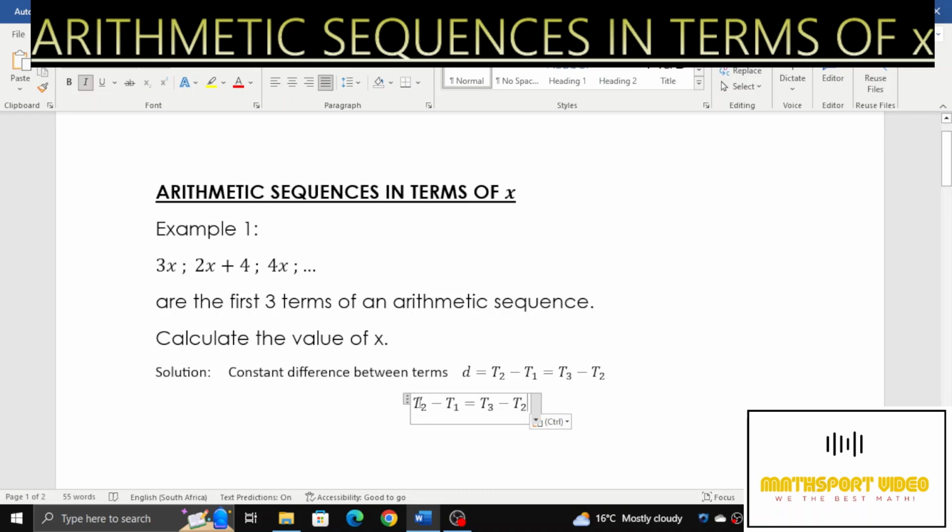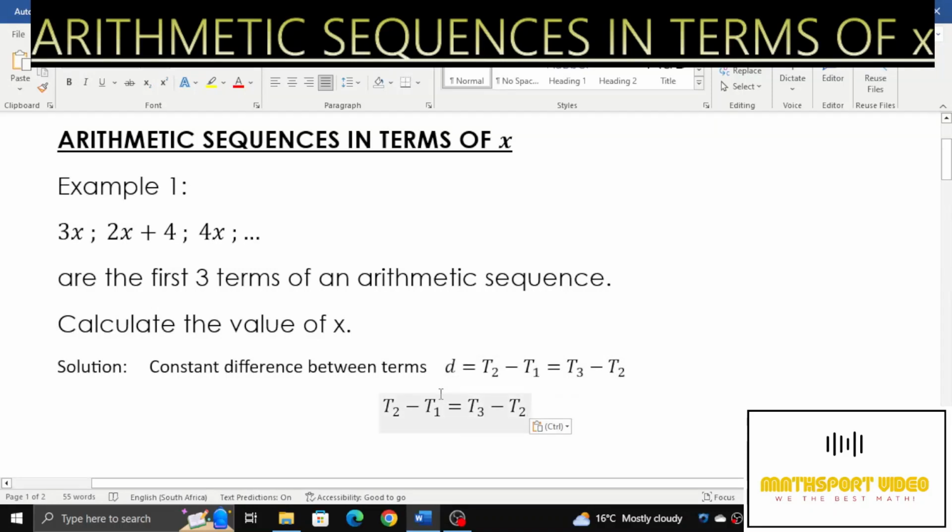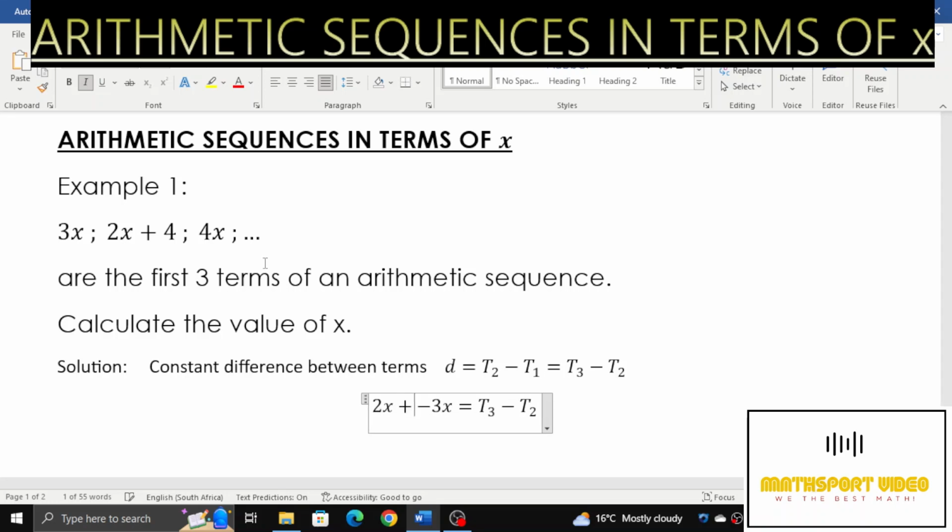Okay, so we're going to use this equation over here, but we just need to be careful, especially here where it says T1, because we are subtracting the first term. Now, the first term here is just 3x, so this is not going to be too difficult. You're just minusing 3x. And here the second term is 2x plus 4.